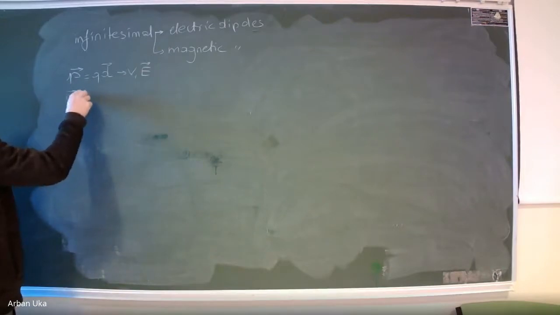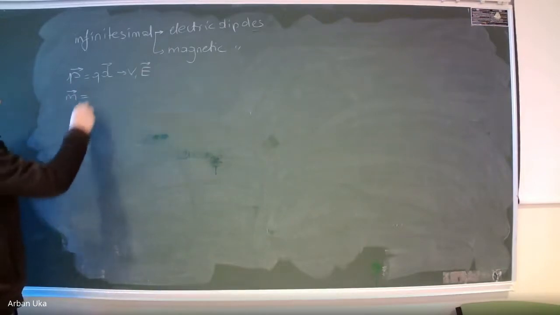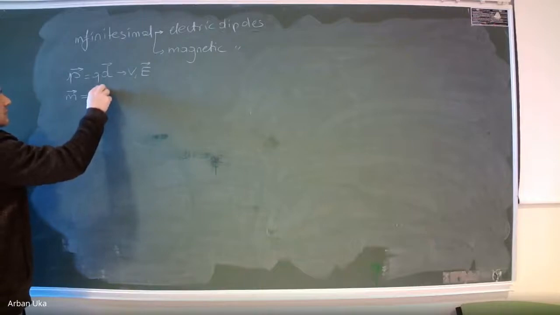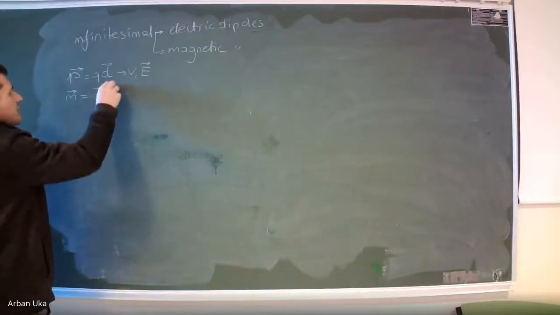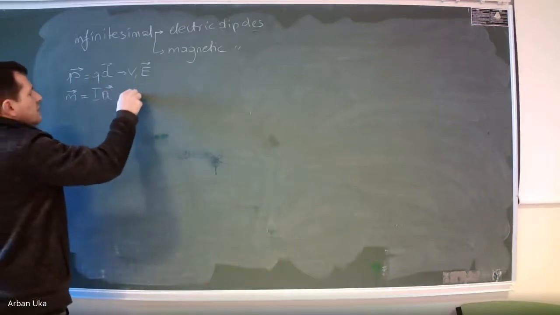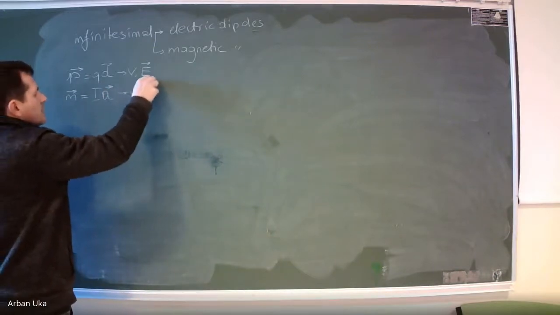Meanwhile, we had also another, a magnetic dipole, so the vector is in the area, and from here we used to calculate the potential and the electric field intensity.